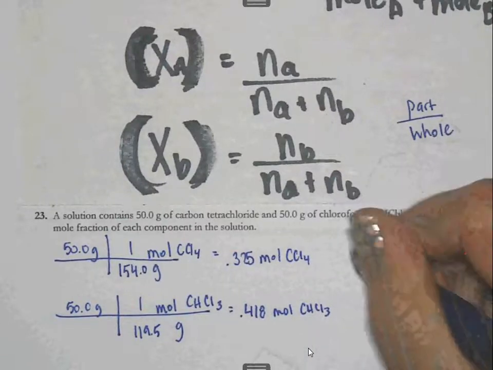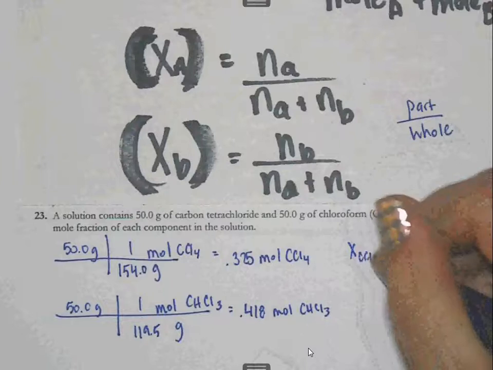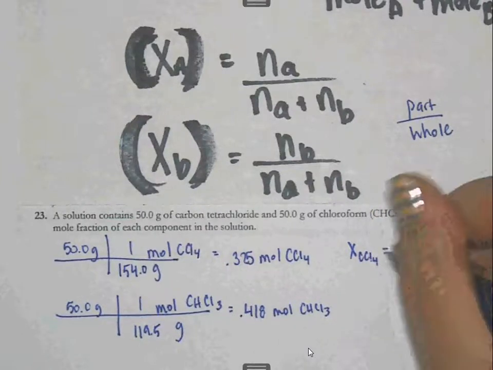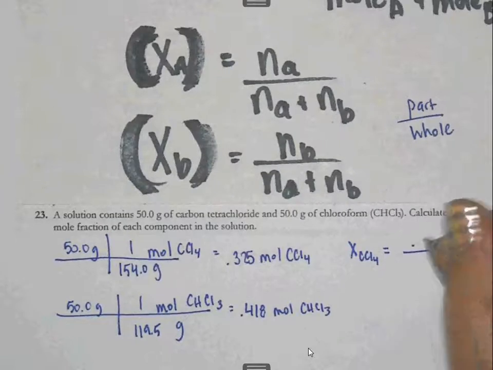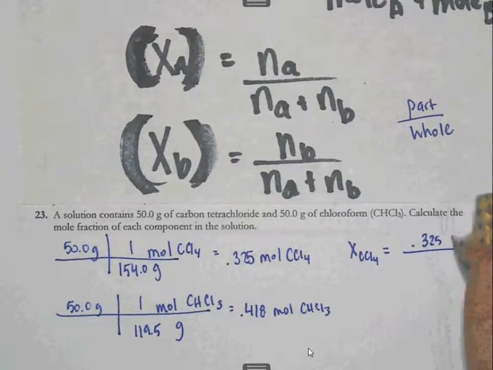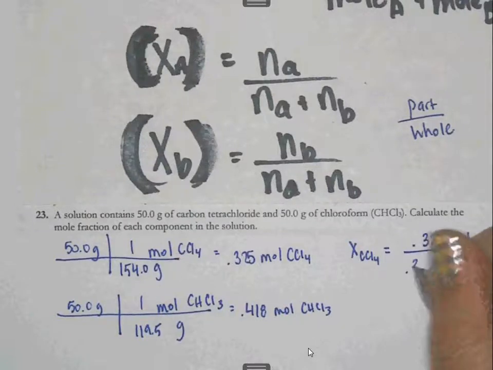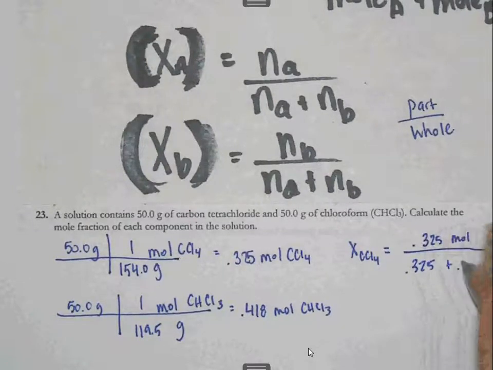Now, I'm ready to find the mole fraction of CCl4. So I want to know how much CCl4 there is compared to the whole thing. Well, that'll be 0.325 moles over 0.325 plus 0.418.